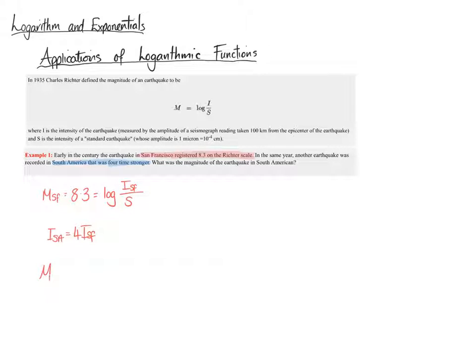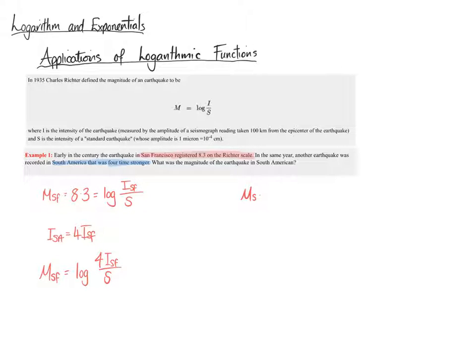The magnitude of the South American earthquake is log of 4 ISF over S. So it's 4 times the intensity of the San Francisco earthquake, and the standard earthquake stays the same. Here it's just manipulating our logarithms.